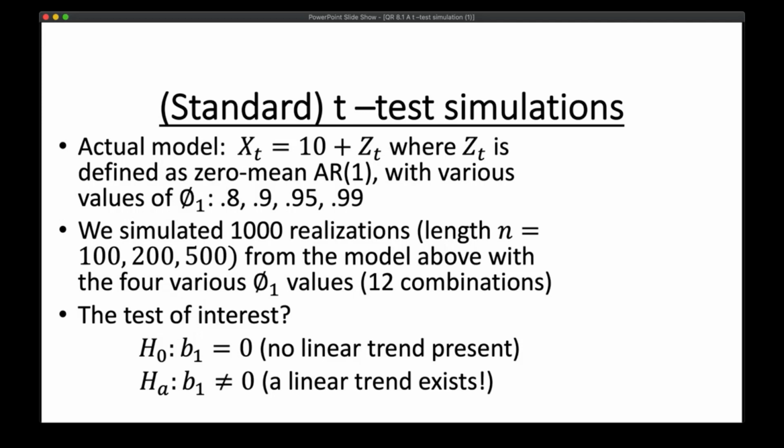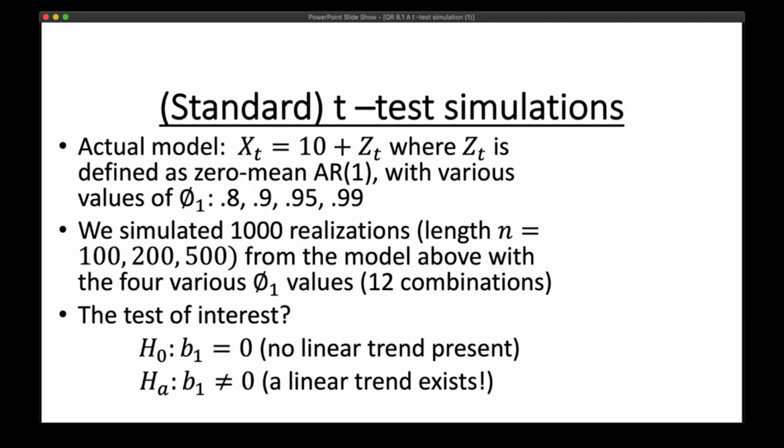In order to conduct a simulation, you need to have a beginning model. The actual model is, remember we said, going to be a stationary AR1 model, and it looks like this. X sub t equals 10 plus zt, where zt is defined as a zero mean AR1 with these phi1 values. There's only one phi1 because it's an AR1.